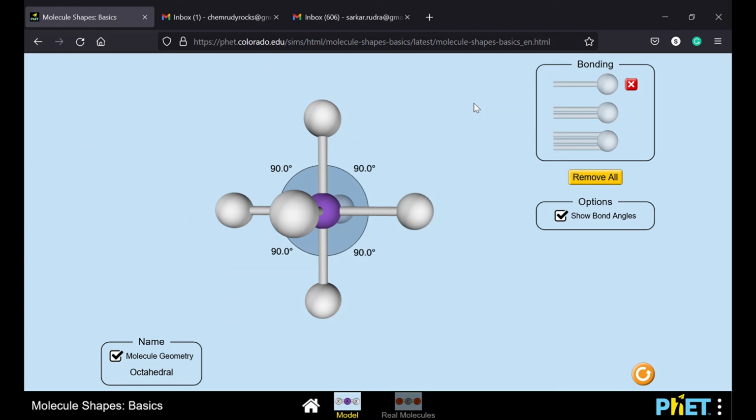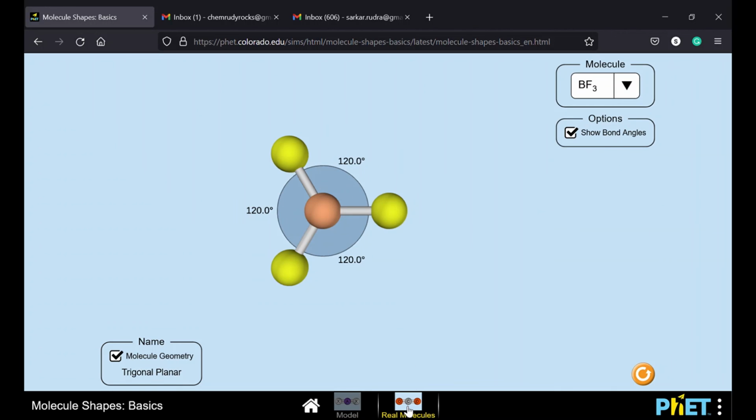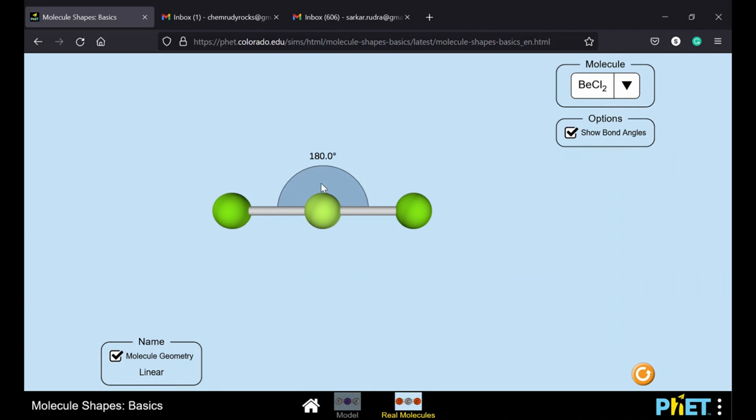Okay. So that is all about the basic shapes of molecules. Now, I will take some real molecules to discuss the molecules that I had given you. So for BeCl2, as you can see, it is linear.